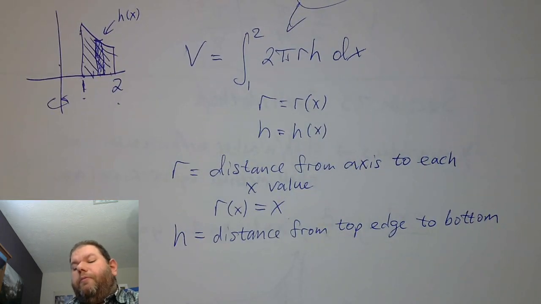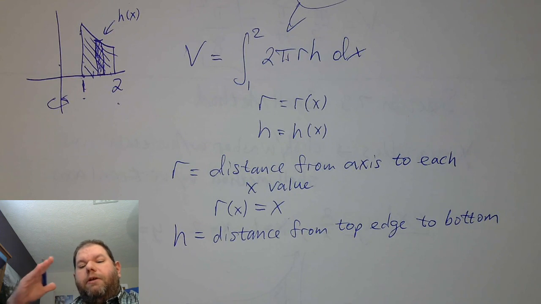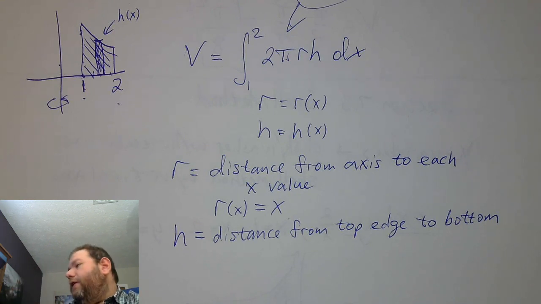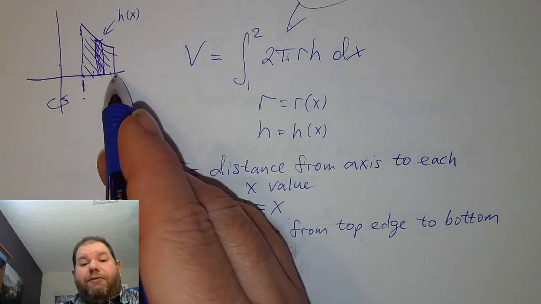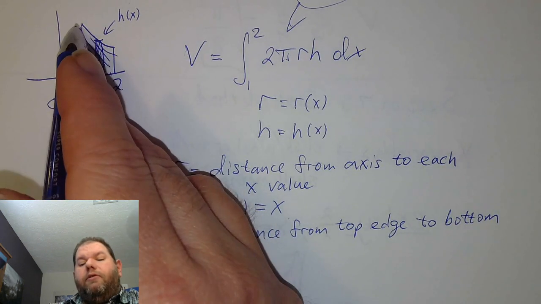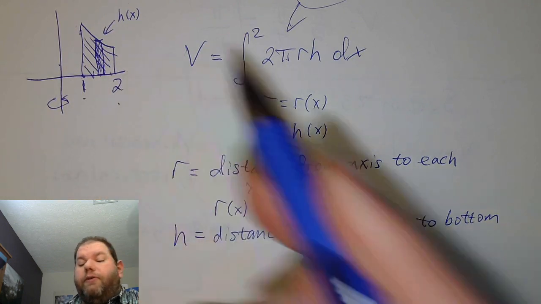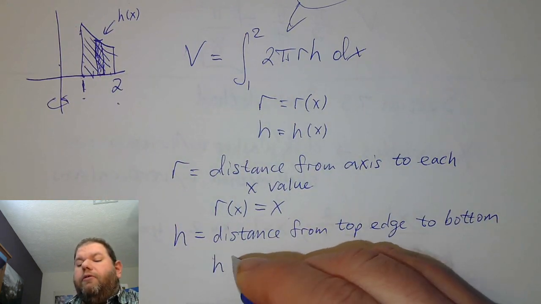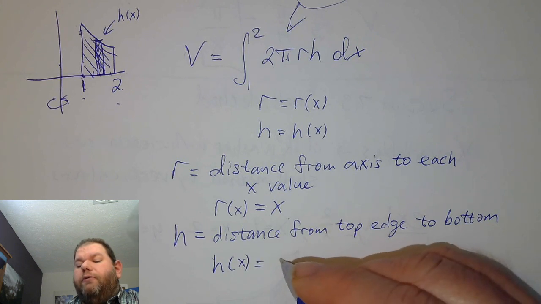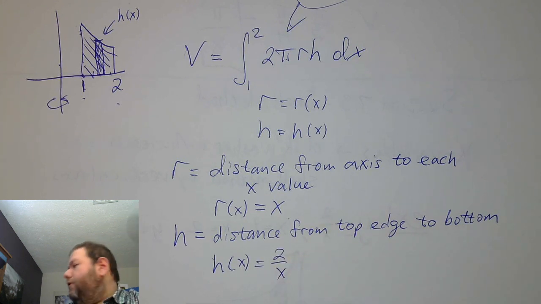Depending on the problem, the top edge may be one function and the bottom edge a different function. In this case, our bottom edge is technically 0, and our function is y equals 2 over x, minus y equals 0. So we'll use h of x equals 2 over x, and that'll be our height function.